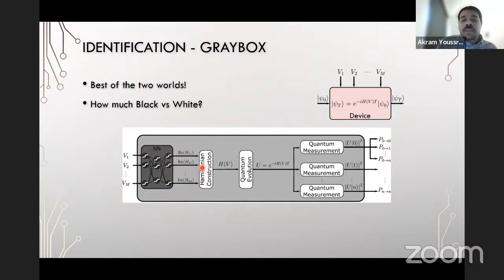I don't care in this application about the exact equation relating the voltages with the Hamiltonian. I just need the neural network to discover this relation. But once I get this Hamiltonian, then calculating the unitary and the measurements and everything, we just follow the rules of quantum mechanics. So I don't need a neural network to discover all this. I can just hard code these equations directly.